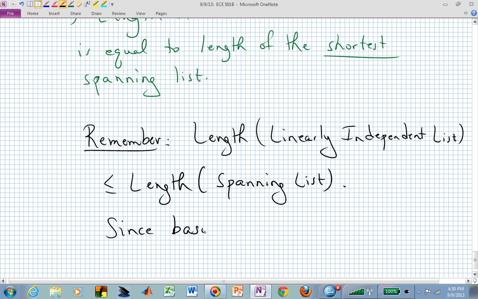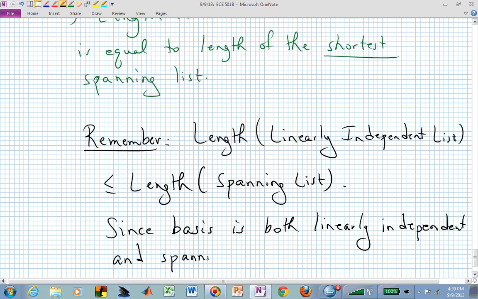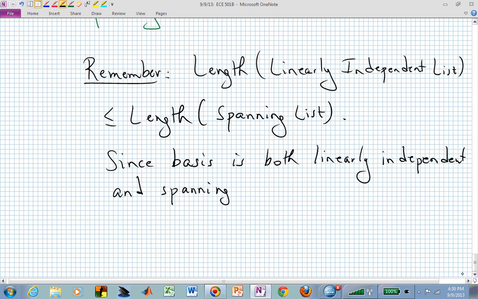And since the basis is both linearly independent and spanning, then we must have equality in that particular case.